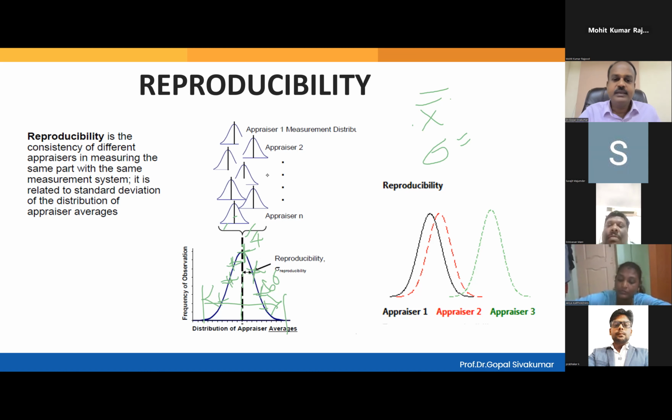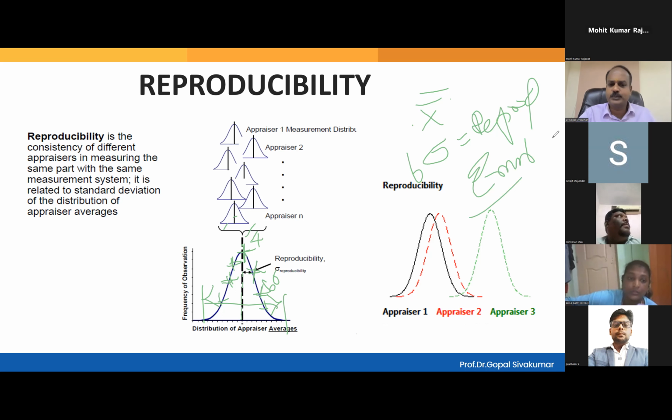The first point is the average of the first appraiser. The second point is the average of the second appraiser. There are n appraisers, there will be n averages. You have to type all the averages in an Excel sheet, and find out the standard deviation. And you multiply this standard deviation by 6. That will be the reproducibility error.